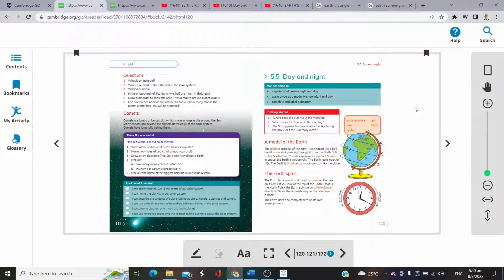Okay, but for today, we're going to go into the new subtopic, which is 5.5, page 113, day and night. Okay, so are you ready?